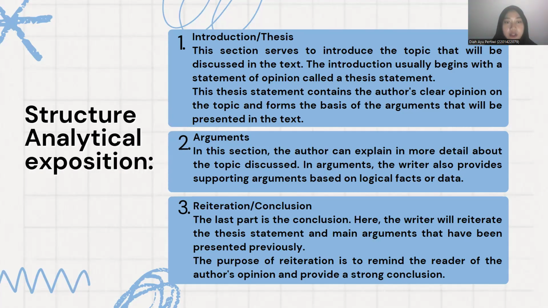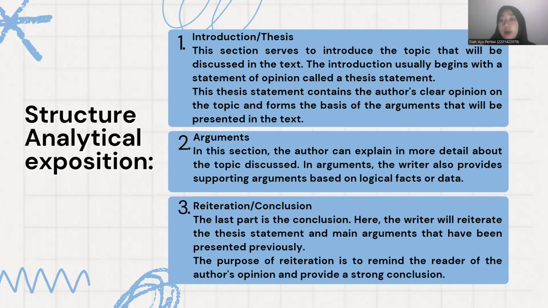Next is the argument. In this section, the author explains in more detail about the topic discussed. In the argument, the writer also provides supporting arguments based on logical facts or data. And then the last part is the conclusion.